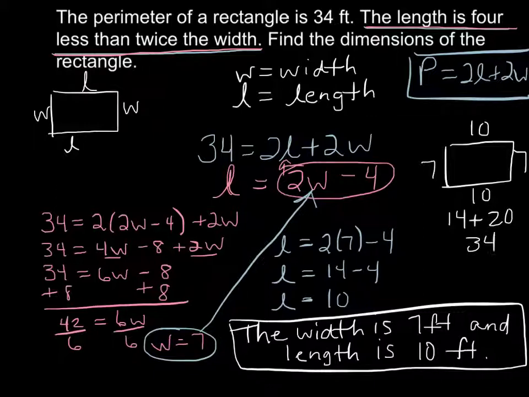So my perimeter is 34, which is what it said in my problem. So that's good. And then if I take 7, double it, or times it by 2, that's 14, and subtract 4, because it's 4 less than, 14 minus 4 is 10. So I'm good. This over here, I know this is getting kind of crowded, but this over here was kind of my check. Okay?